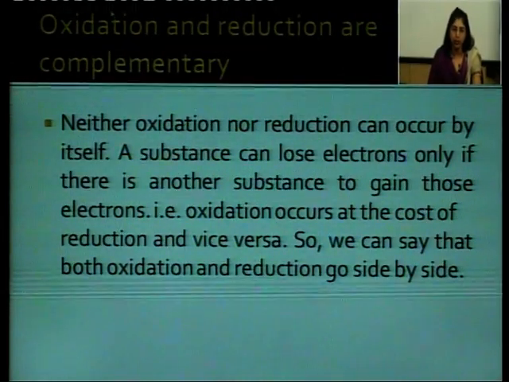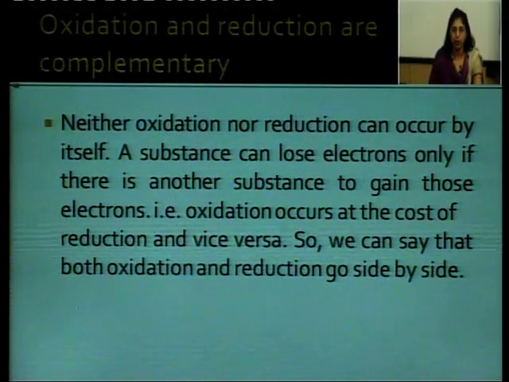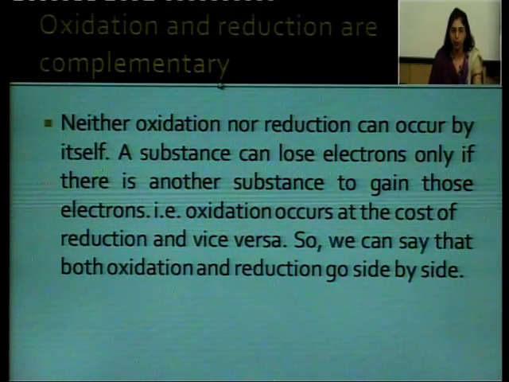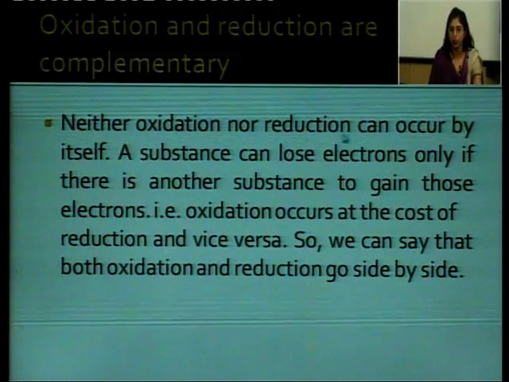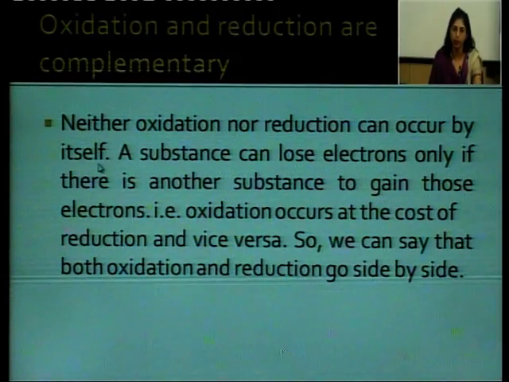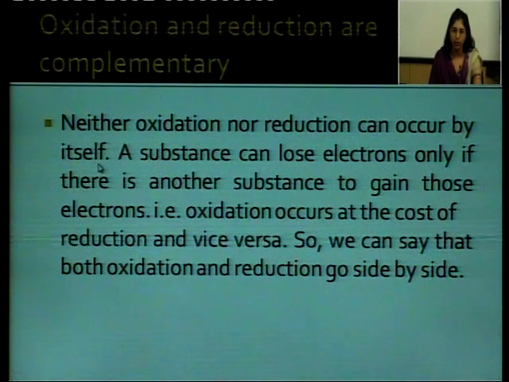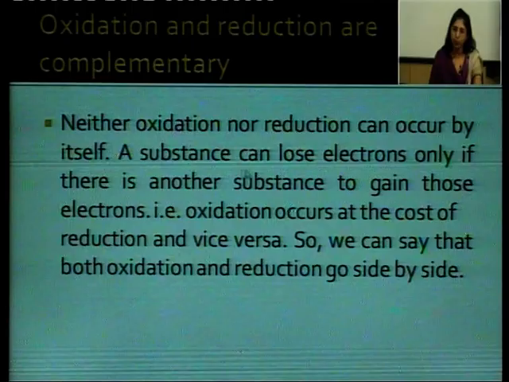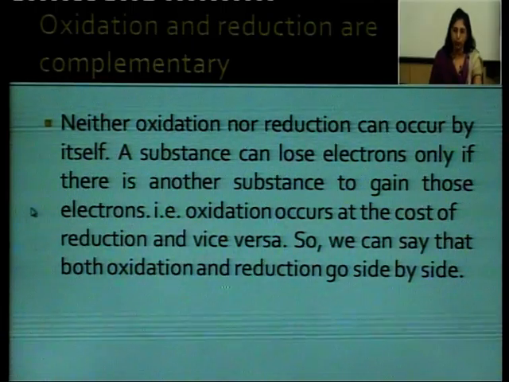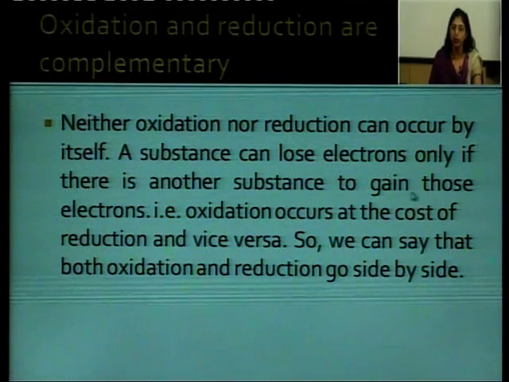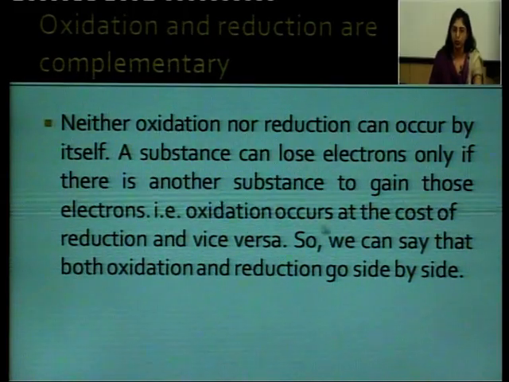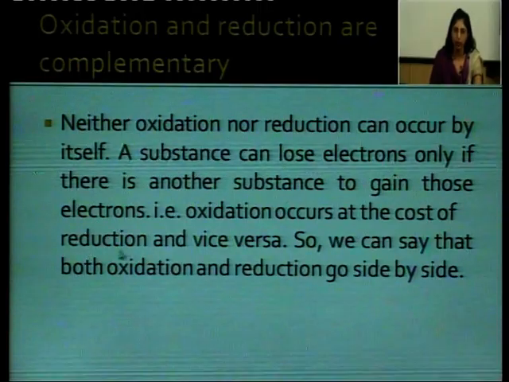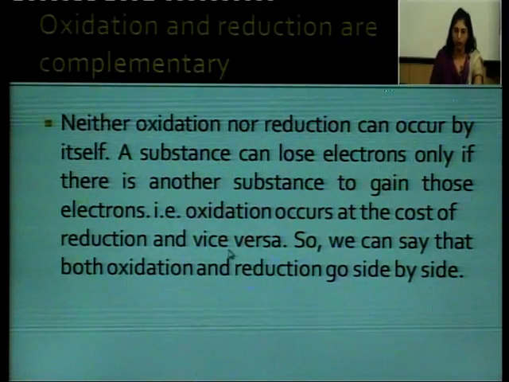Next, let us see how oxidation and reduction are complementary to each other. It has been observed that neither oxidation nor reduction can occur by itself, that is, both of the processes occur simultaneously. A substance can lose electrons only if there is another substance to gain those electrons, that is, oxidation occurs at the cost of reduction and vice versa.